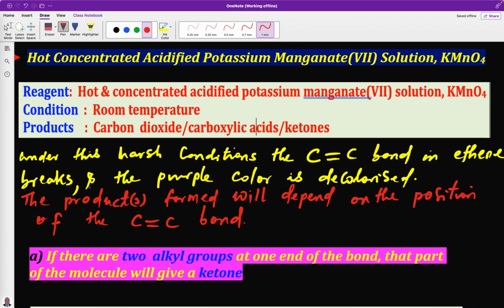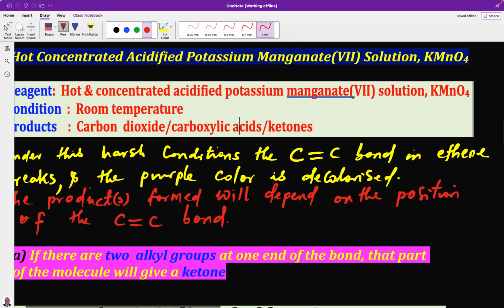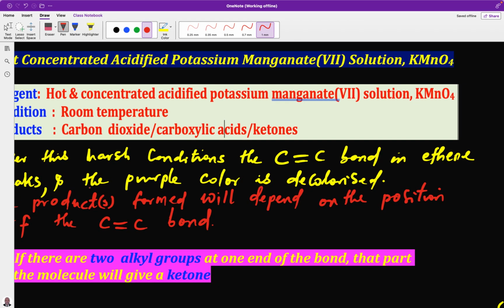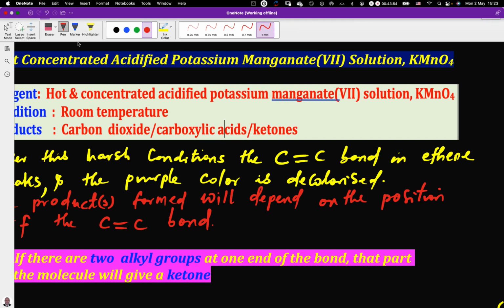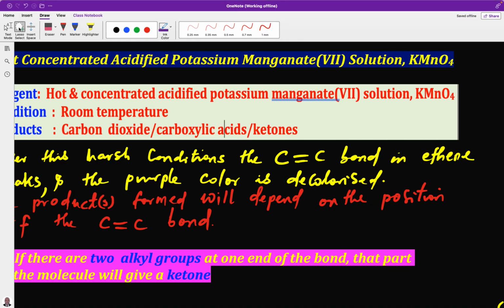The carbon-carbon double bond in the alkene.